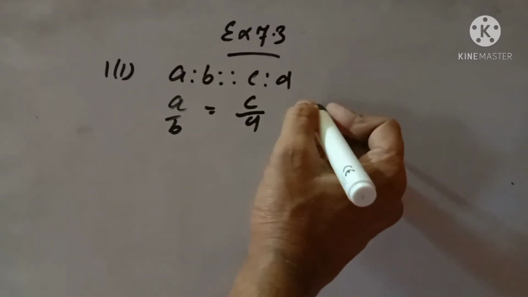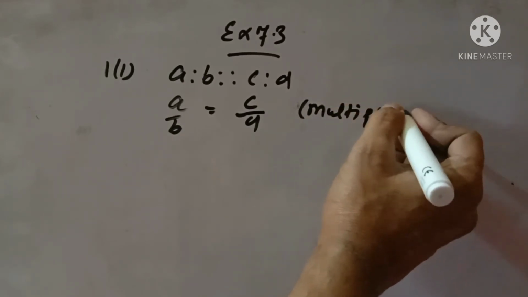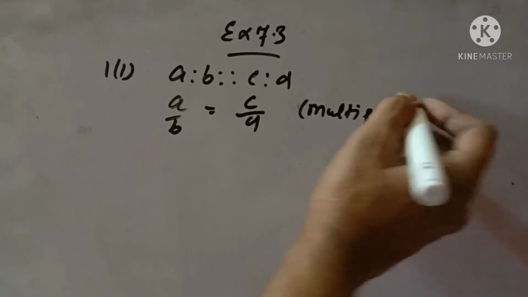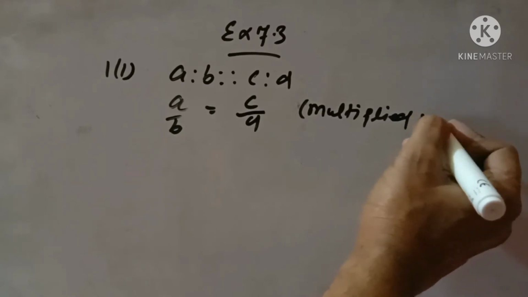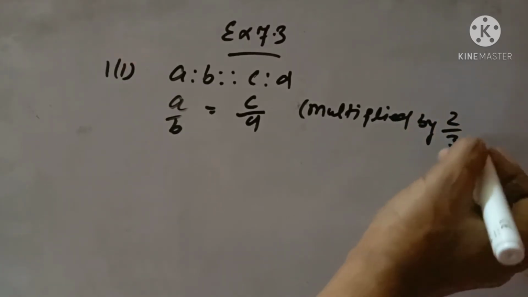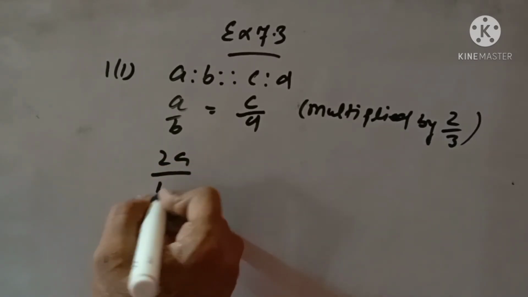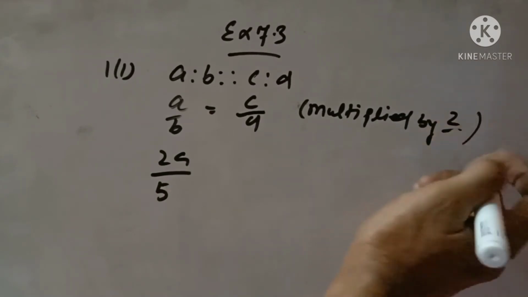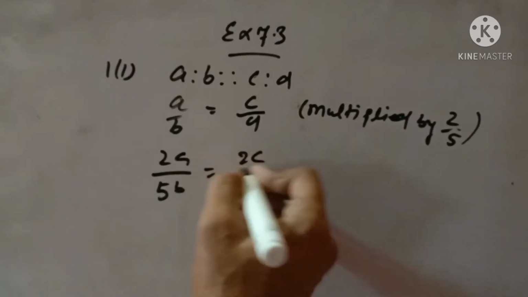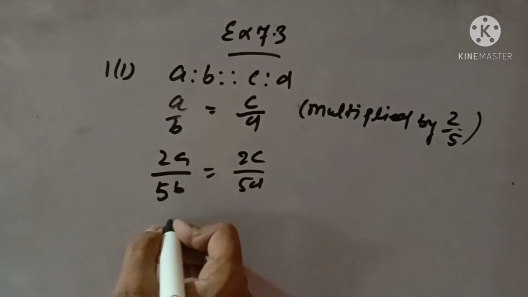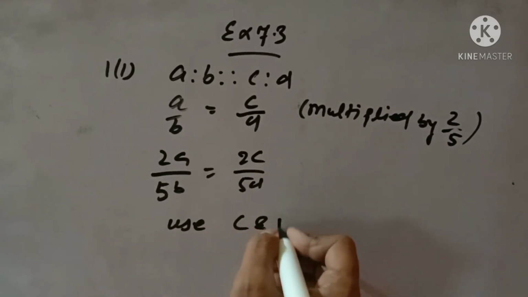So multiplied, write down, by 2 by 5 on both sides. So it will come out 2A by 5B, and 2C by 5D. Now use componendo and dividendo.